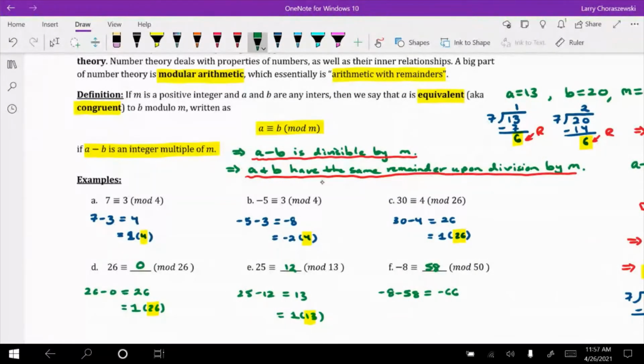Okay, let's try negative 58. If we do negative 8 minus negative 58, that's negative 8 plus 58, which gives us 50, and bingo, you got it. That works.